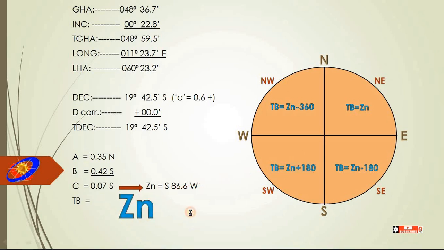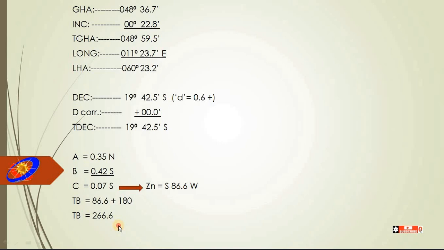So, the value of Zn, which is 86.6, plus 180, and we get 266.6. Now, we have the true bearing. And we're gonna use this value on our next calculation for the deviation.